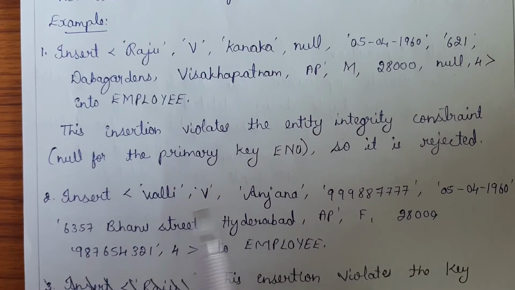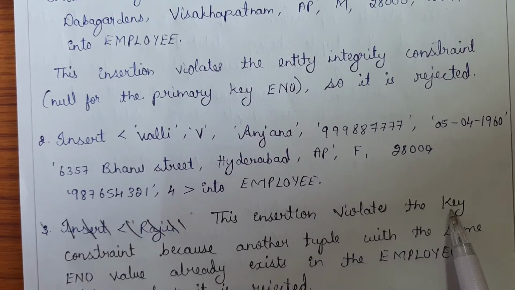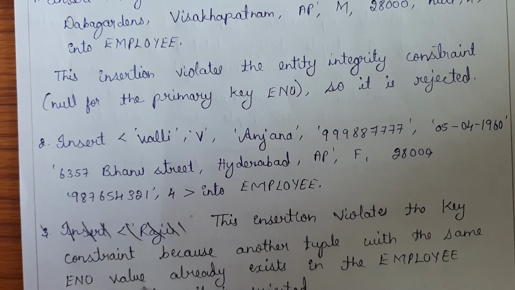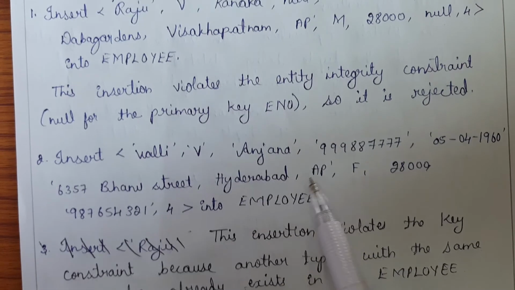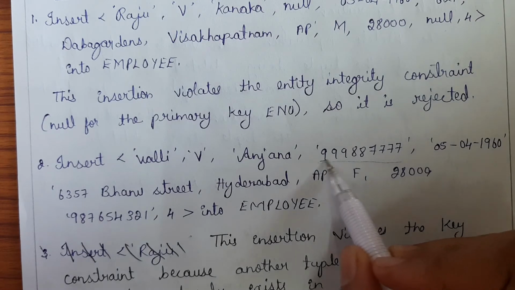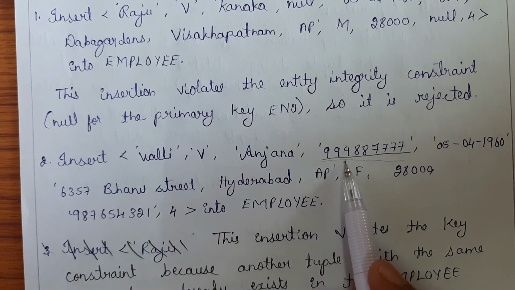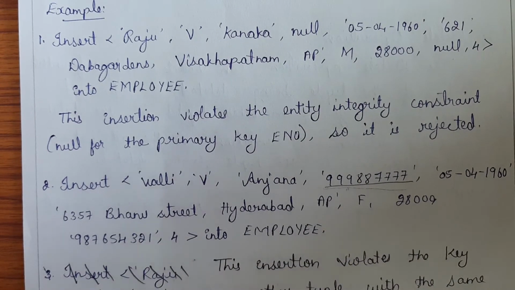Here we have given some details. This insertion violates the key constraints because another tuple with the same employee value already exists in the employee relation, and so it is rejected. The employee ID which we have taken already exists, so it is not taking these values for insertion, because the primary key should be unique.